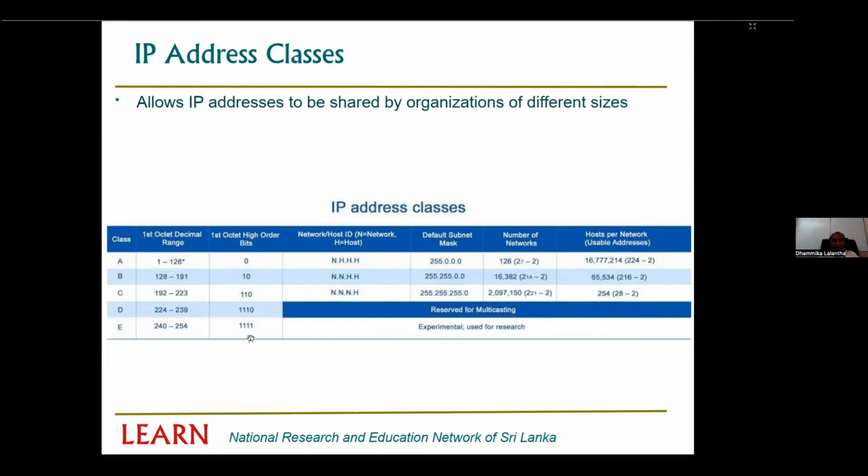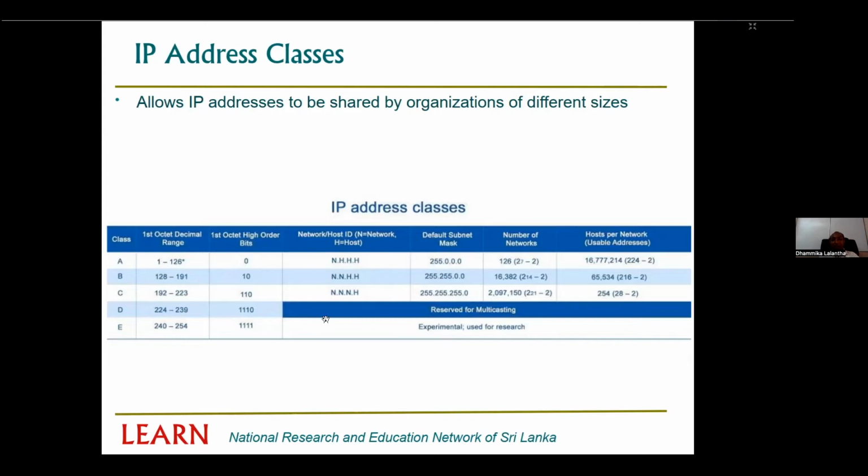Class D addresses are reserved for multicasting. IP version 4 has unicasting, and most traffic is unicast, and the others are multicasting and broadcasting.